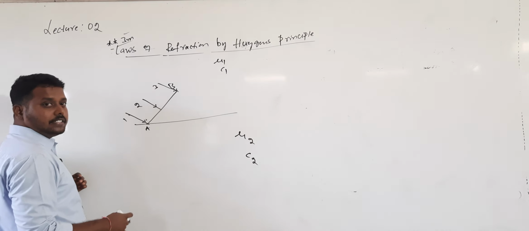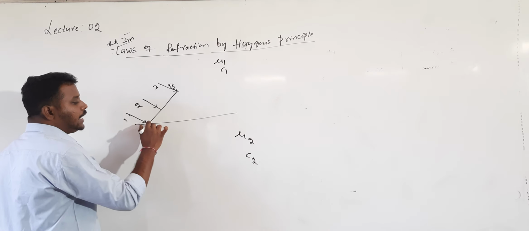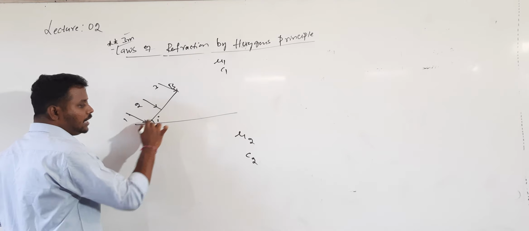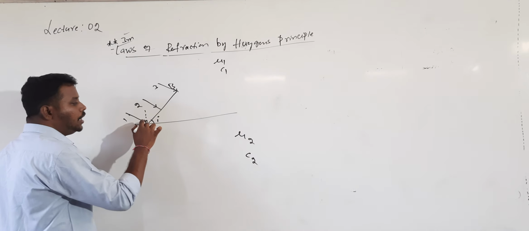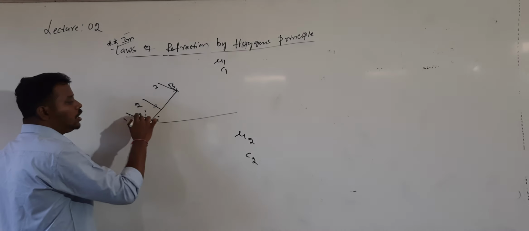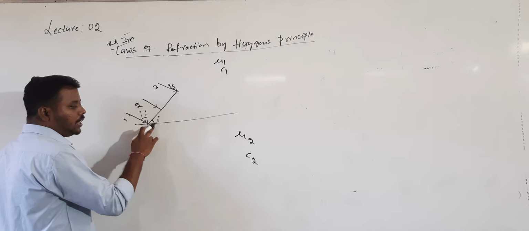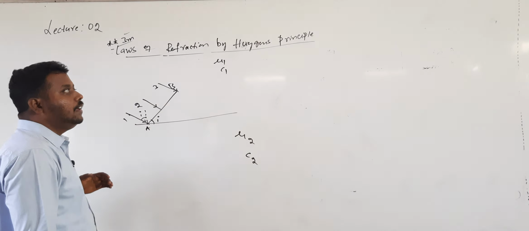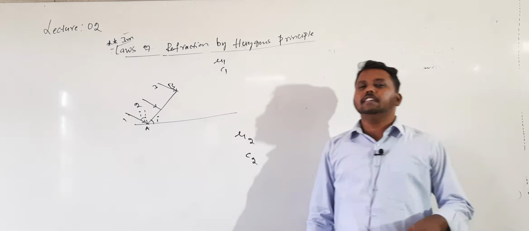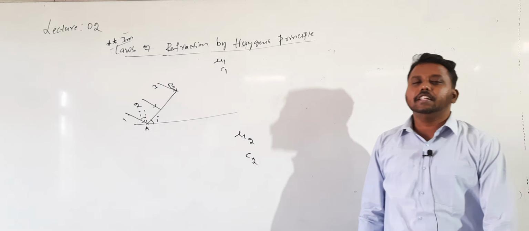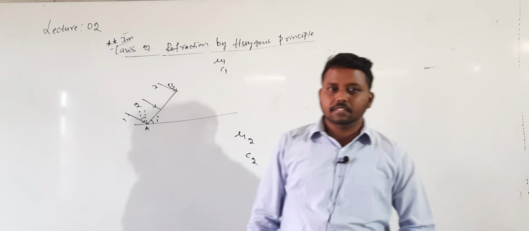The angle with which it was incident is i. If I draw a normal, the angle made by the incident ray with the normal is i, and this is also equal to i. When explaining using Huygens principle, the angle of incidence is the angle made by the wavefront with the interface.